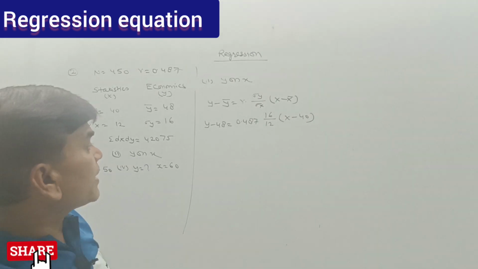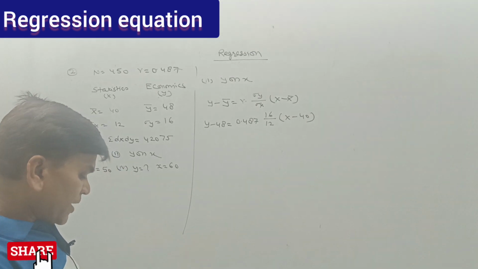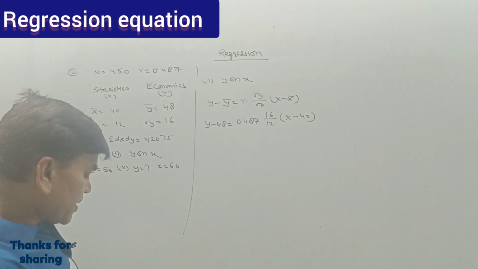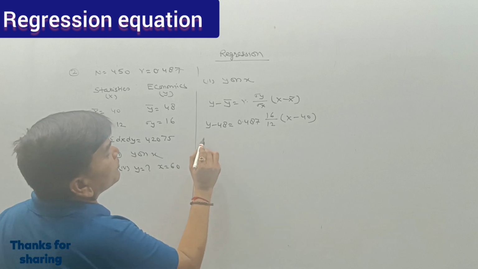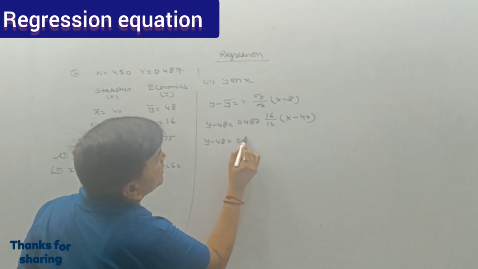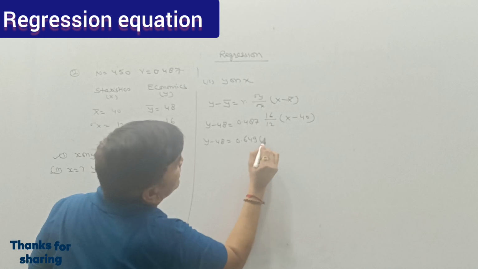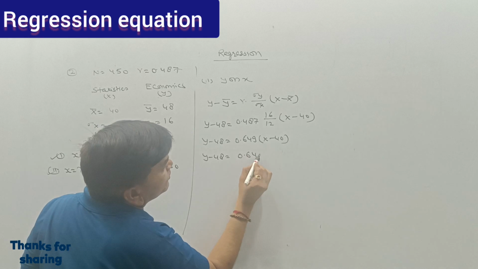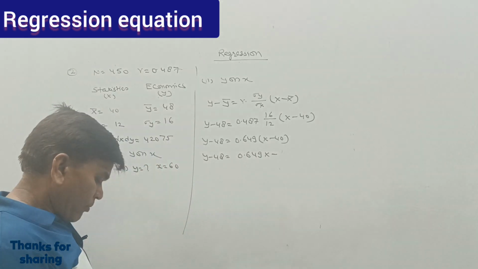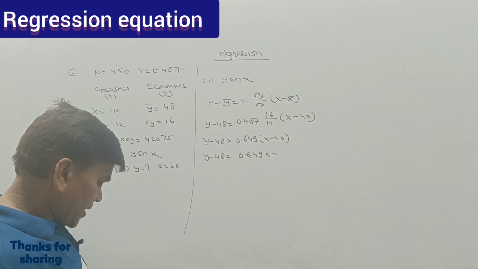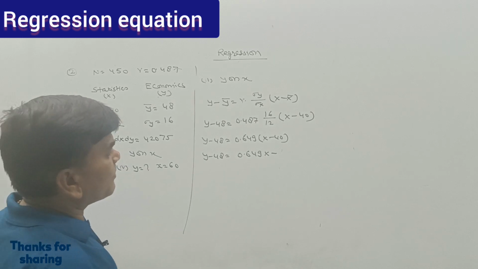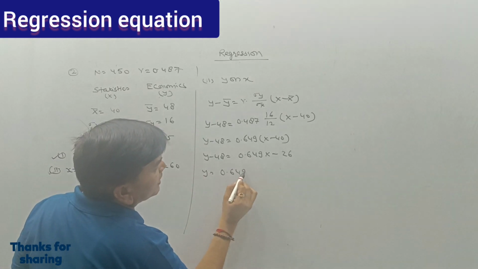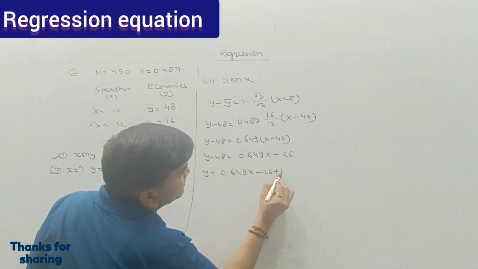So 0.487 multiplied by 16 divided by 12 gives 0.649. So y minus 48 equals 0.649 times x minus 40. Multiplying this value with 40 gives approximately 26. So y equals 0.649 x minus 26 plus 48.